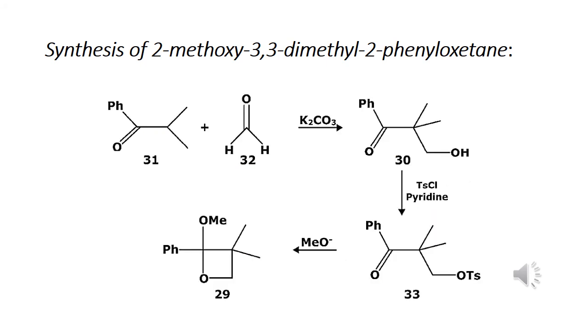Well, this is the synthesis where structures 31 and 32 treated with each other in the presence of potassium carbonate give structure 30, which further reacts with tosyl chloride and pyridine to give the tosyl derivative, which when further treated with methoxide gives us the target molecule.